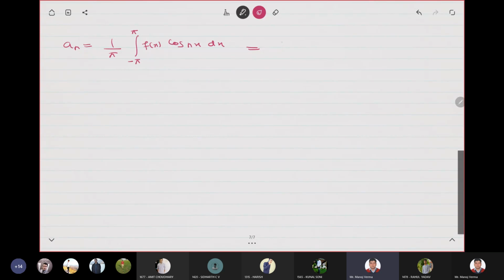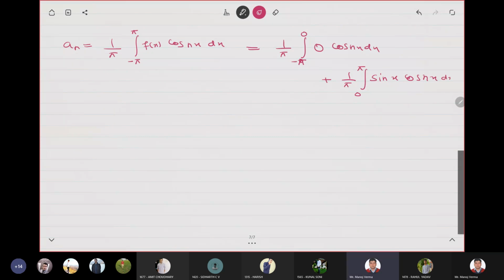So it will become 1 over pi. Okay, लिख लेते हैं, minus pi to 0, 0 cos nx dx plus 1 over pi 0 to pi sin x cos nx dx.